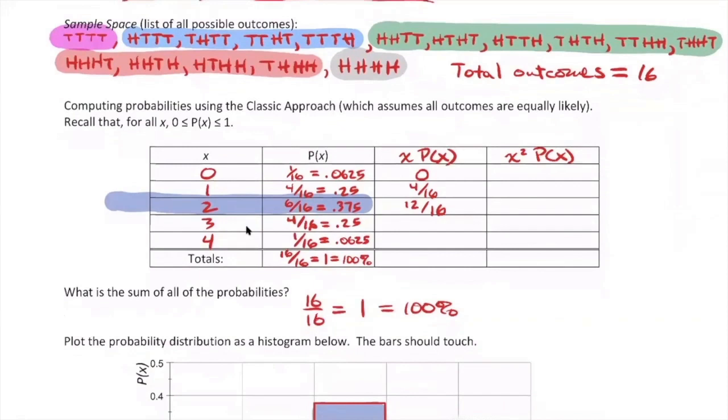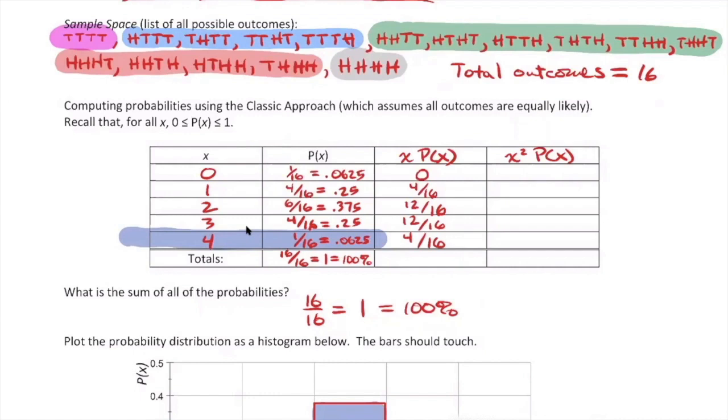Okay. And then 3 times 4/16, that's x times p of x, is 12/16 again. Okay, and then 4 times 1/16 is 4/16. Okay, so that's x times p of x.